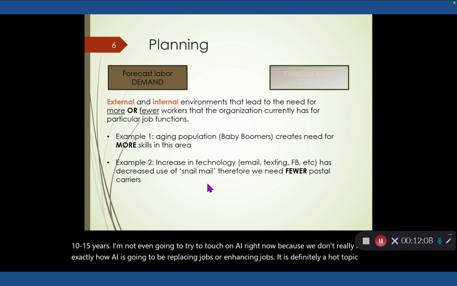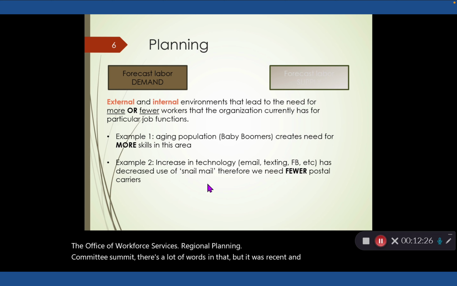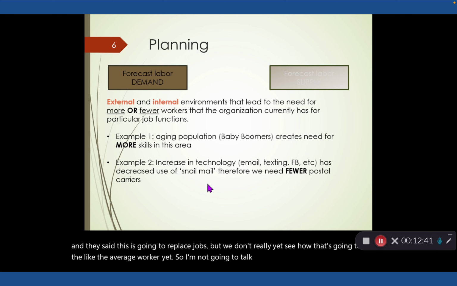Every workforce planning committee that I go to, I recently went to the Office of Workforce Services Regional Planning Committee Summit. There's a lot of words in that, but it was recent. And they talked a lot about AI, and they said, oh, this is going to replace jobs, but we don't really yet see how that's going to impact the average worker. So I'm not going to talk about that one, but we do know.